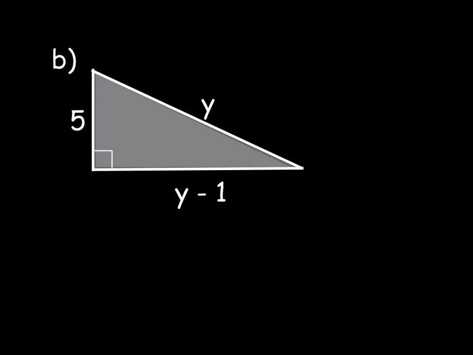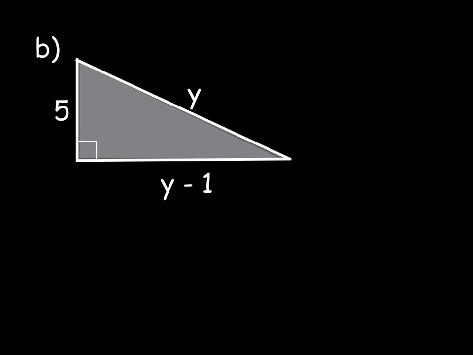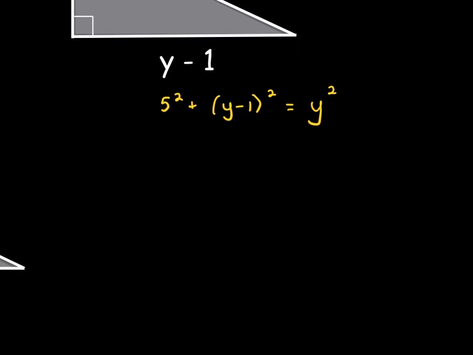Okay, B, what goes by itself? The y. So this is 5 squared plus y minus 1 squared equals y squared. What do you do with y minus 1 squared? Is that y squared plus 1? No, you've got to expand it and FOIL it out. y minus 1 times y minus 1.